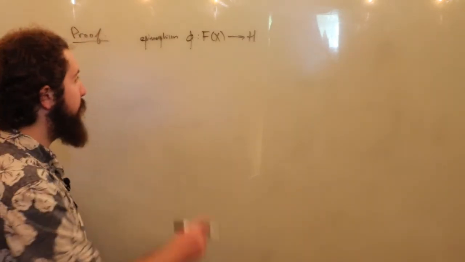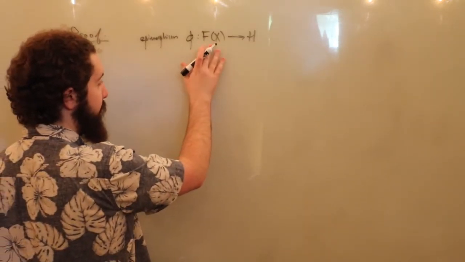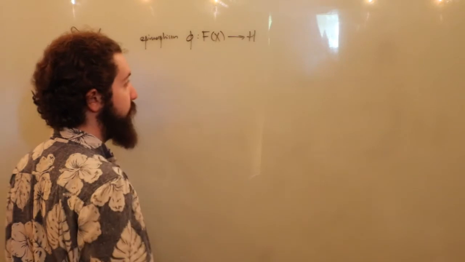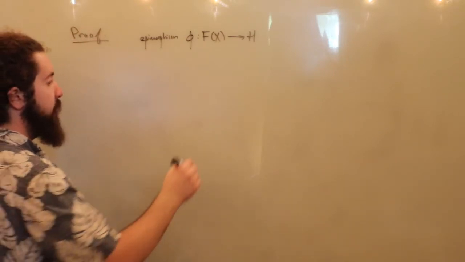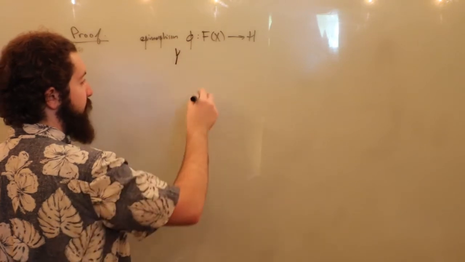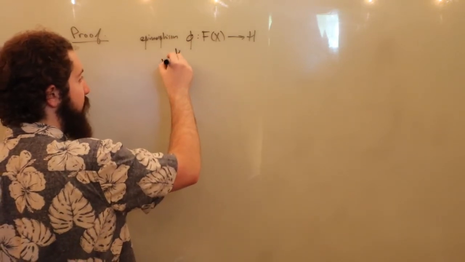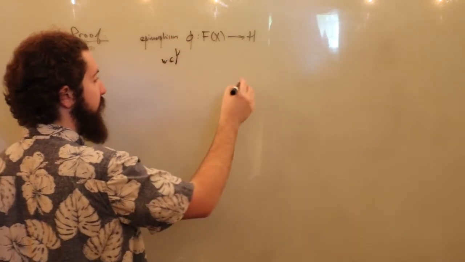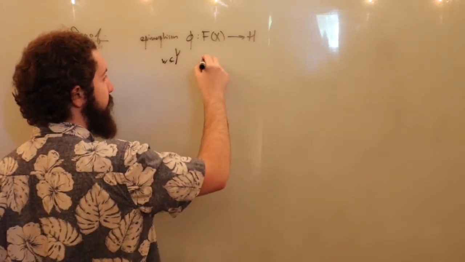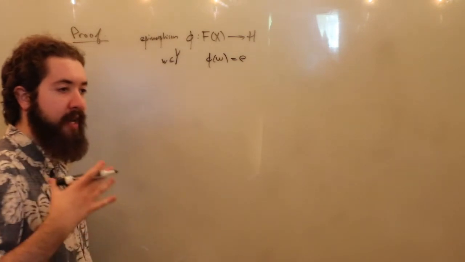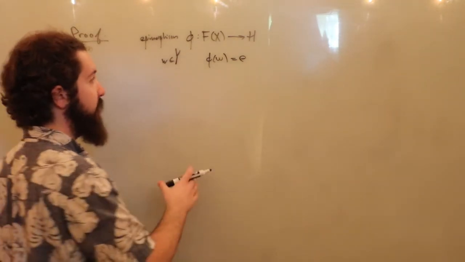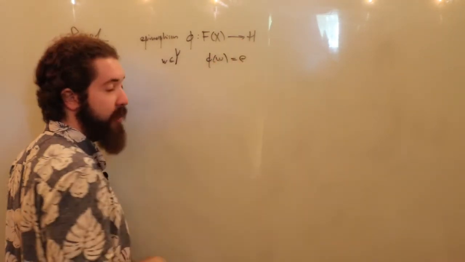Okay, so we have this epimorphism going from the free group on X onto the group H. Now, for all reduced words W in Y, we're going to have that phi of W is equal to the identity by assumption, right? Because we said H satisfies these relations.